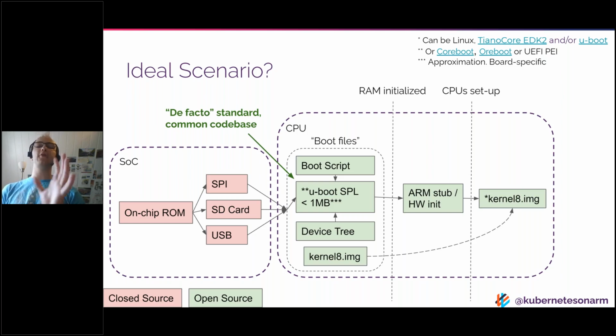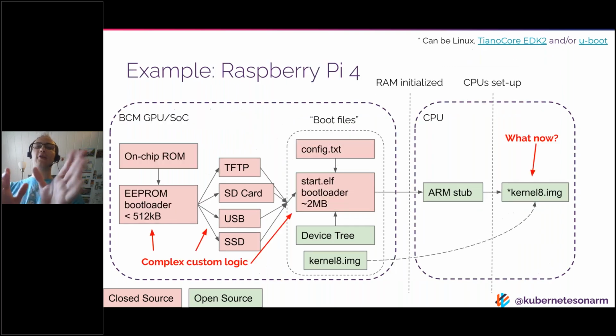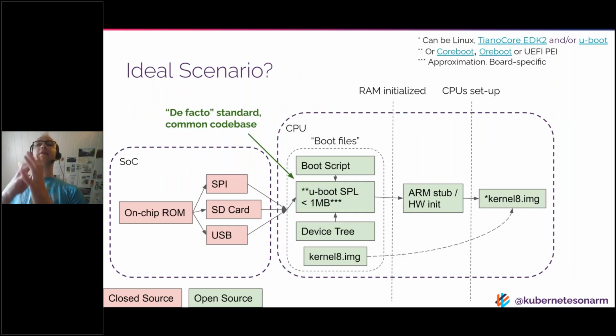But it's fine because in the earlier example, the first EEPROM bootloader is doing a lot of stuff. It can do network, it can do SD card, USB. These things are not easy to do, and it does them all at a very early stage in the boot.